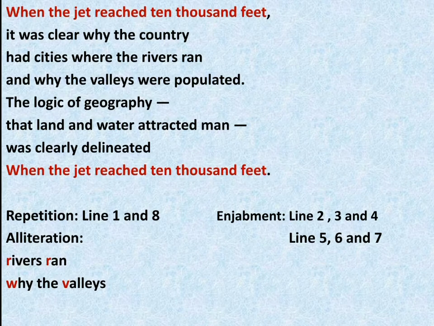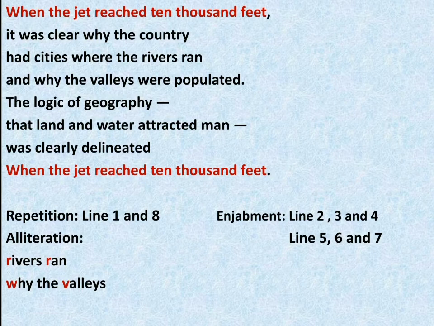Now see the fifth line. "The logic of geography." Here there is a hyphen, children, but it is not a comma or anything. The ideas are carried to the next one. "The logic of geography, that land and water attracted man, was clearly delineated."